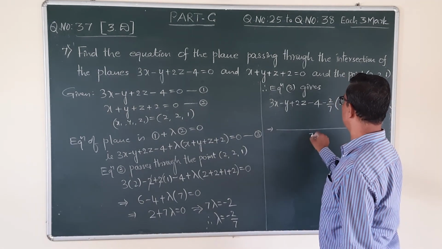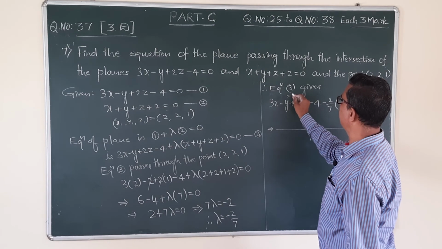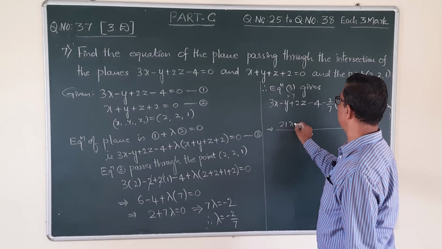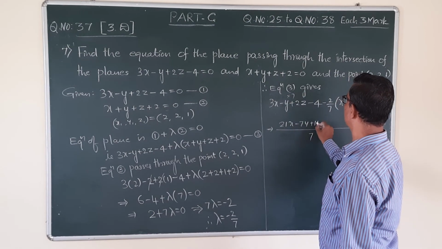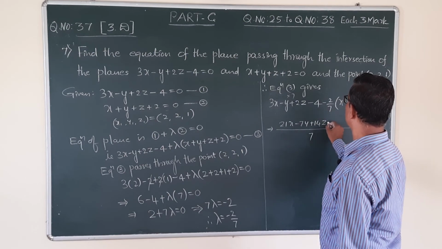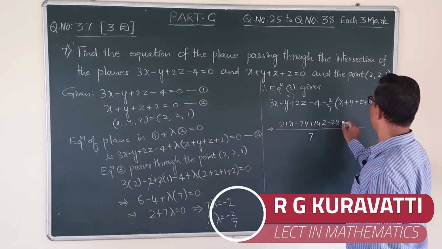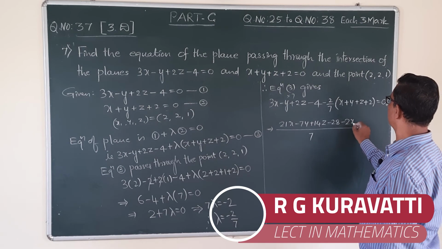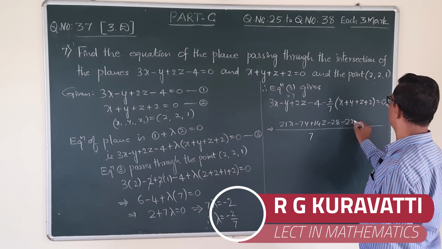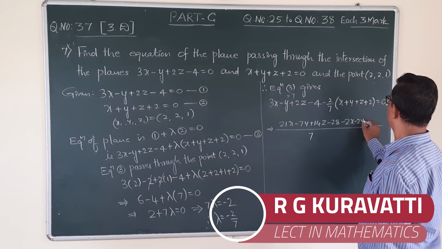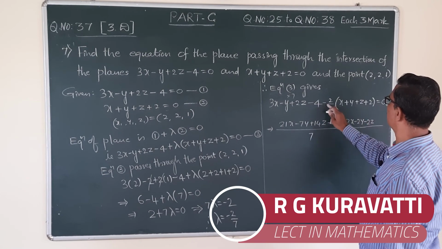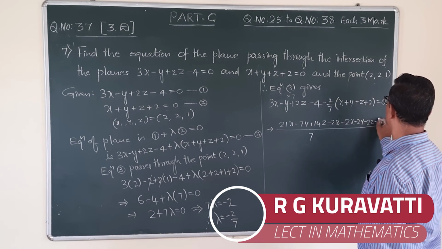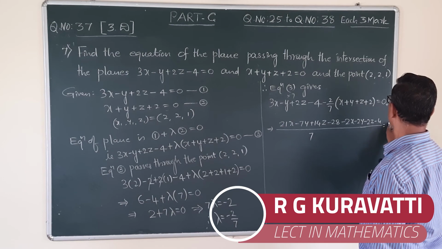Multiply by 7: 7 into 3, 21x minus 7y, 7 2s are 14z, 7 4s are 28, minus 2 into x, minus 2x, minus 2 into y, minus 2y, minus 2 into z, minus 2z, minus 2 into plus 2, minus 4 is equal to 0.